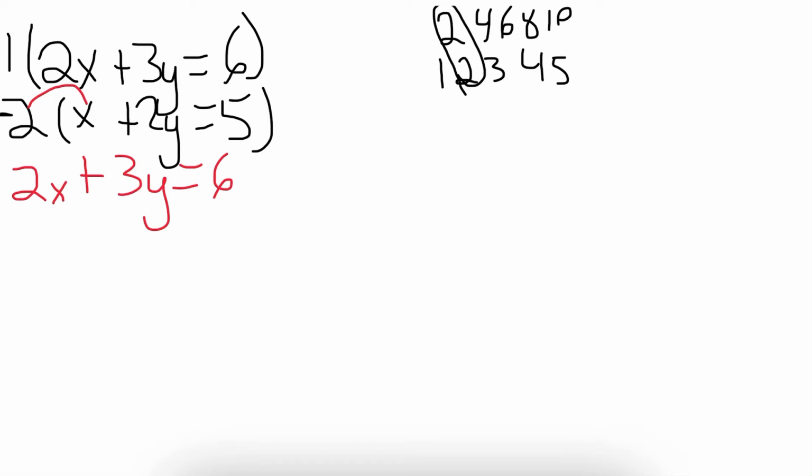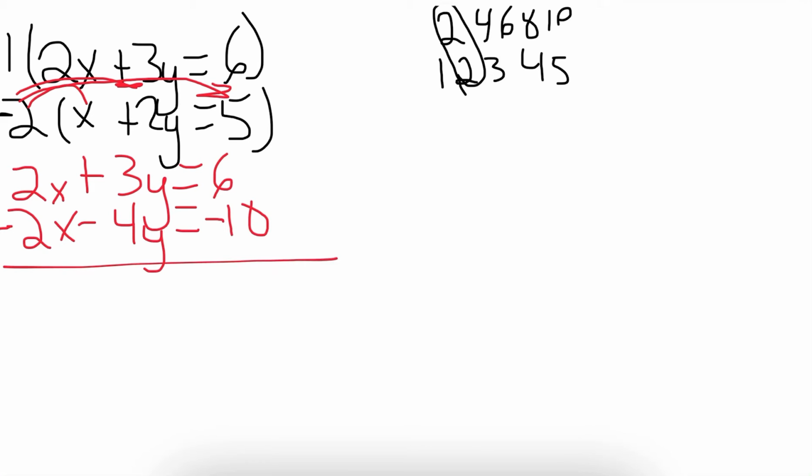So this is going to become negative 2x, and now I'm multiplying this negative 2 by this 2y, so it'll be minus 4y equals, and don't forget, in this case, you have to multiply everything, negative 10.